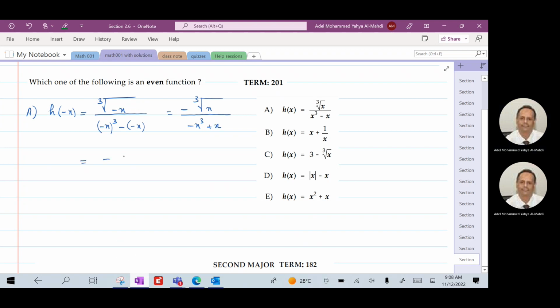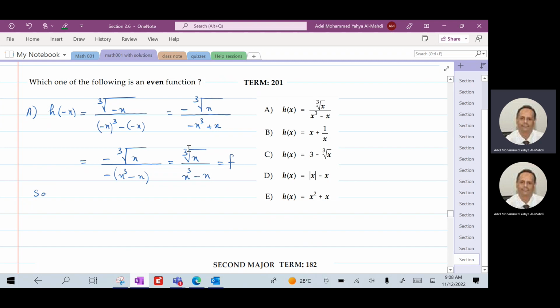Simplify more, minus the cube root of x, and I will take minus 1 as a common factor in the denominator, so we end up with x to the power 3 minus x. Now we can cancel minus with minus. So it is going to be the cube root of x over x to the power 3 minus x, and this one is exactly, I'm sorry, it is not f, it is exactly h.